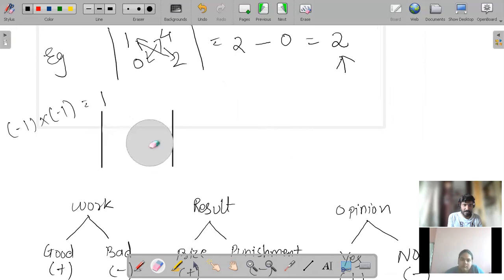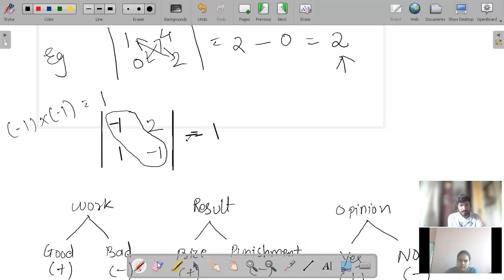I'll just write it again. This was minus 1, 1, 2, minus 1. Do it now. First, multiply this: minus 1 into minus 1.